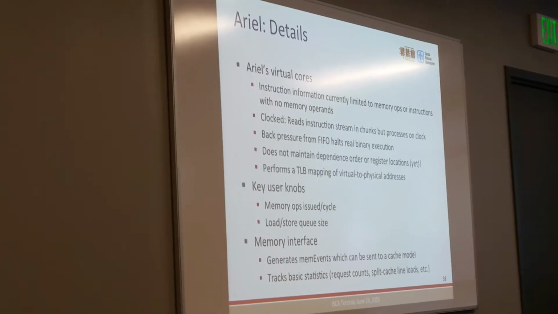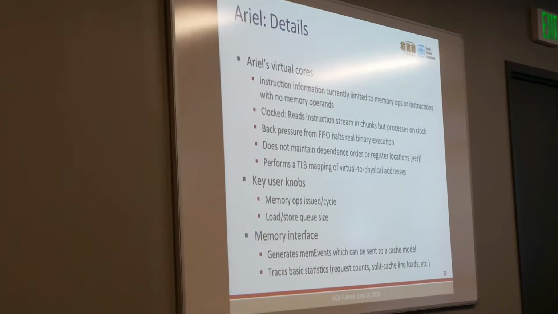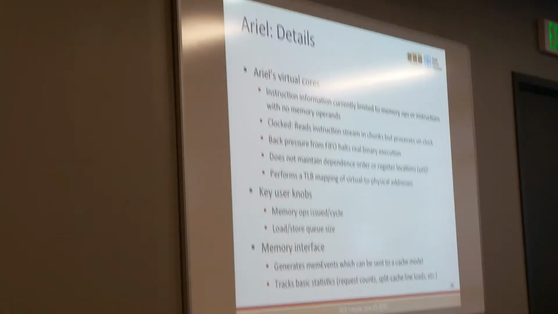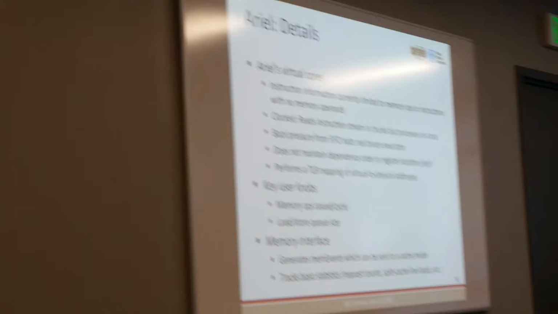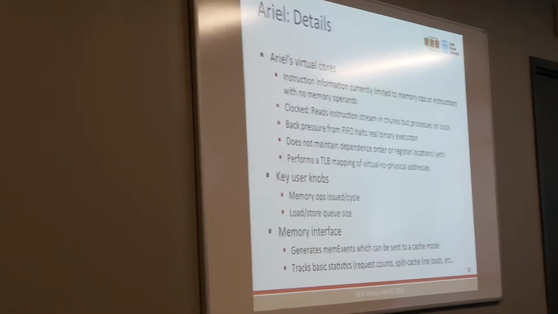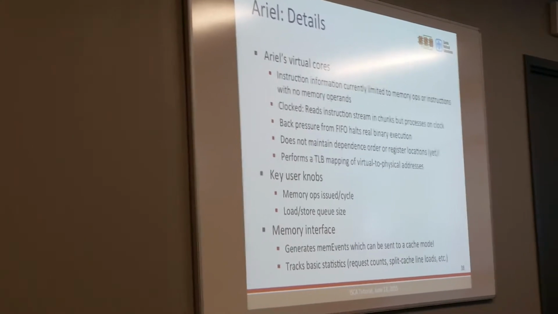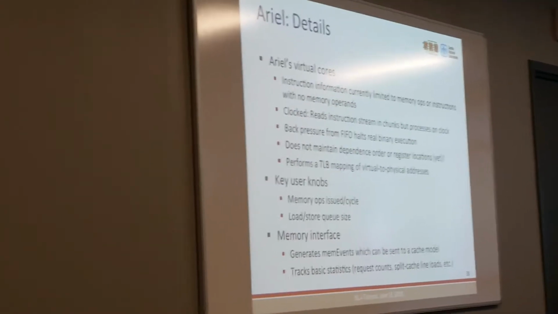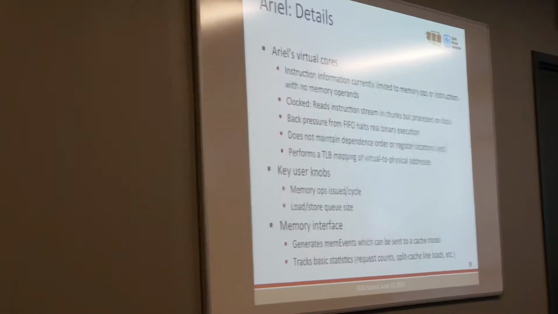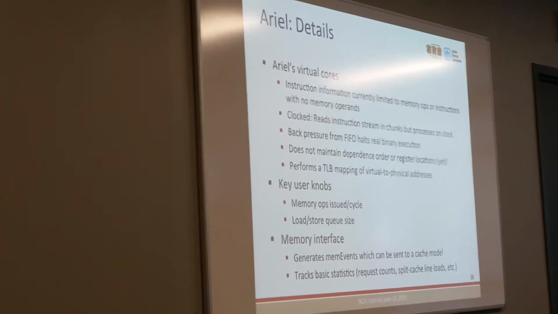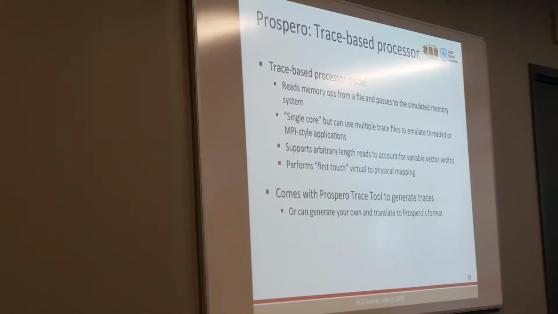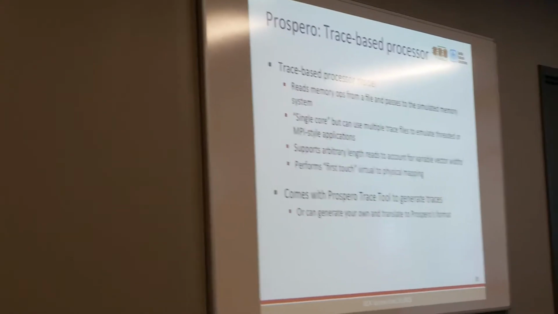We also track basic statistics such as number of request counting, number of split cache line loads, total number of instructions executed, and basic information of that sort. So that's the Aerial processor model. Again, it has some pros and cons: much faster than cycle accurate models, but you do accept some non-determinism in that case.